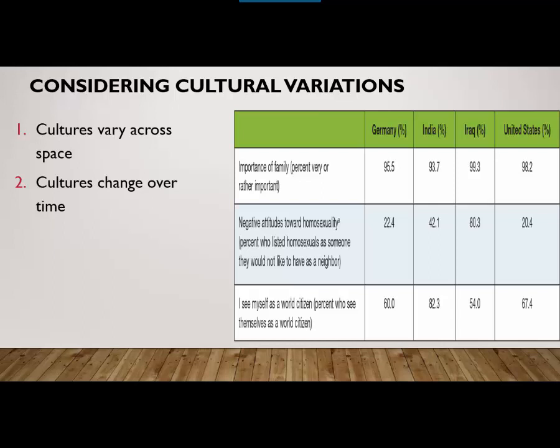And you see an example of that in the chart right there, when looking at attitudes, for instance. The percentage of people that have a negative attitude towards homosexuality, you can see that there is a difference between places like Germany and the United States versus India or Iraq. And that is because culture, including cultural attitudes and beliefs, varies.